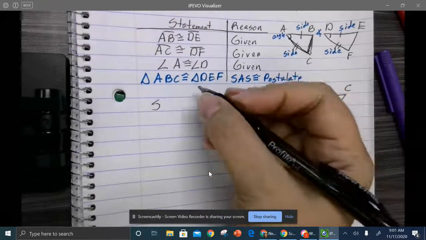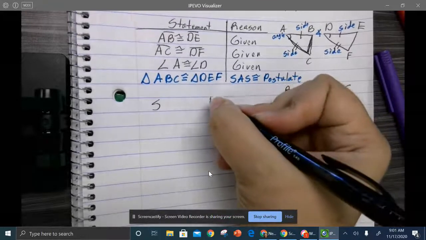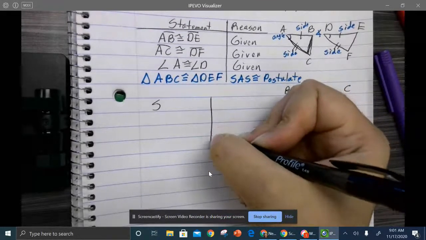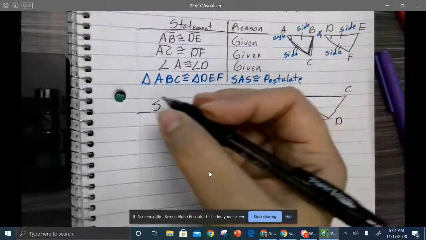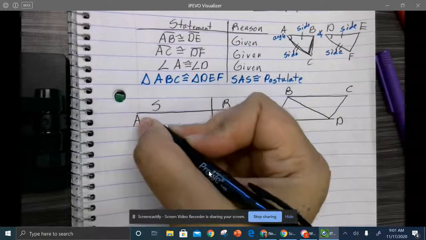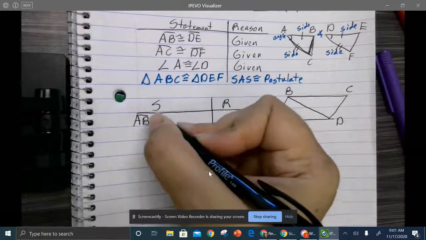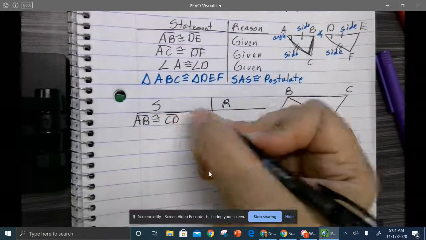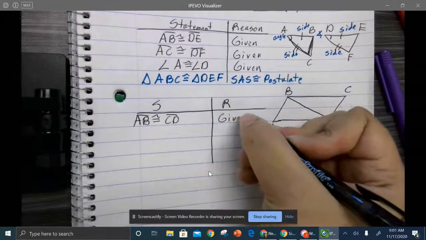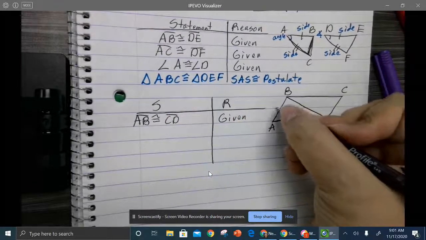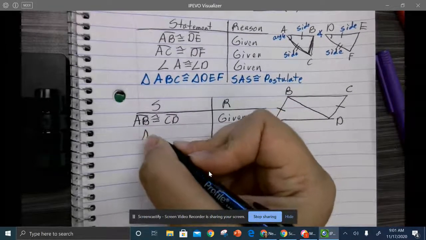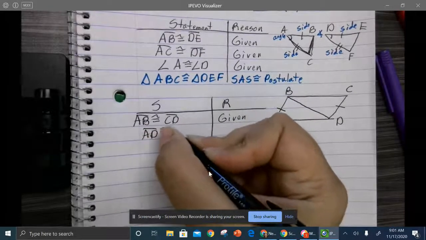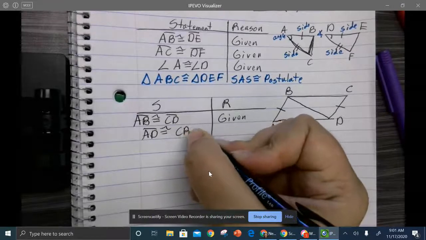We're going to do our statements and our reasons. We're given that AB is congruent to CD. Okay, so those two are congruent. We are given that AD is congruent to CB.